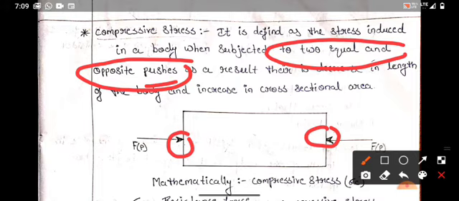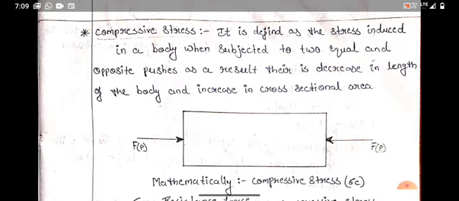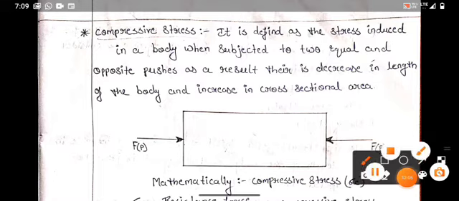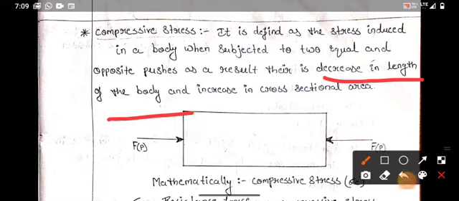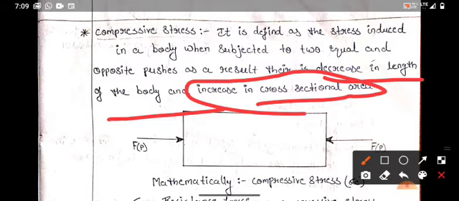As a result there is a decrease in length of the body and an increase in the cross sectional area, whereas in tensile stress the length will increase and the cross sectional area will decrease.